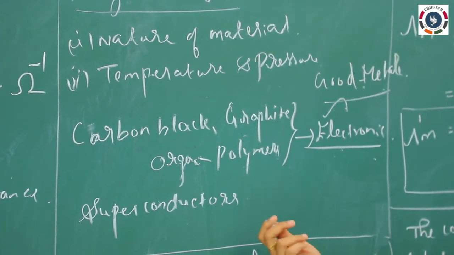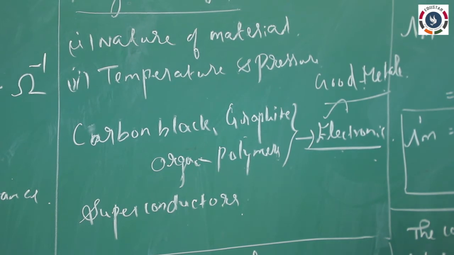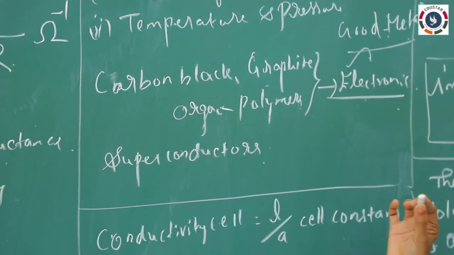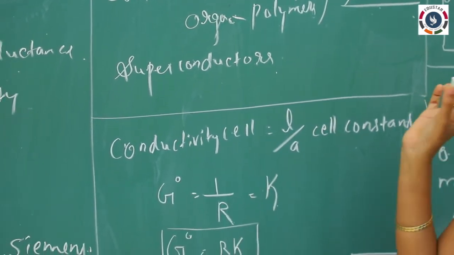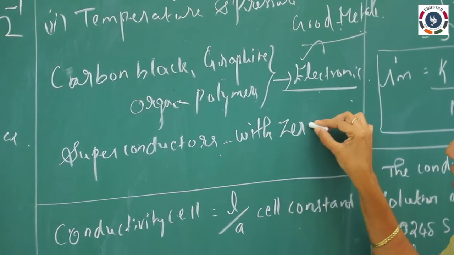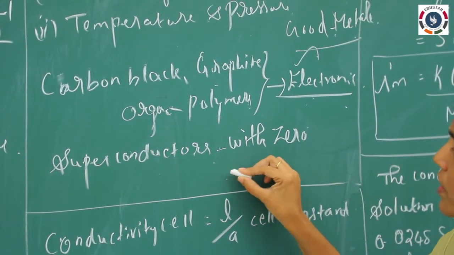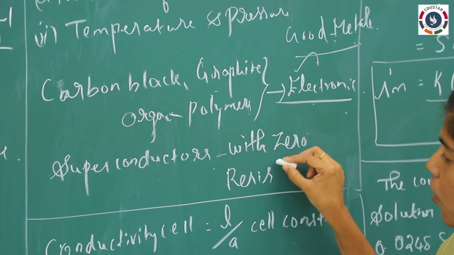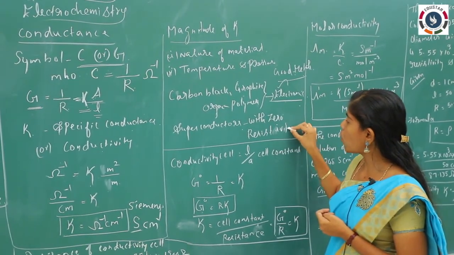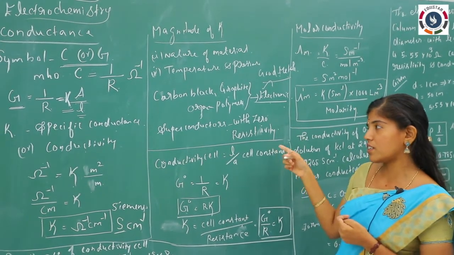There are also superconductors. What is the term superconductors? Superconductors conduct electricity with zero resistivity. As I said, all conductors have a hindrance of resistance, but superconductors alone do not have any resistivity.